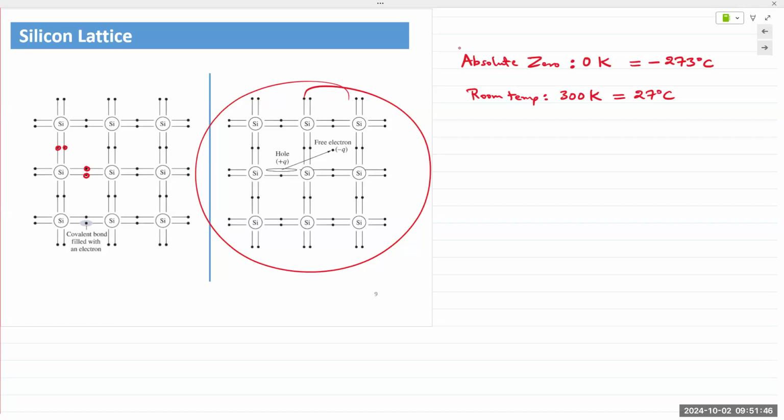But that number is far lower than what is available in a typical conductor. So the number of free electrons is far lower than what is available in a conductor. So it's not quite a conductor, hence the term semiconductor. Make sense? And does that fully answer your question from before? Kind of? Okay.